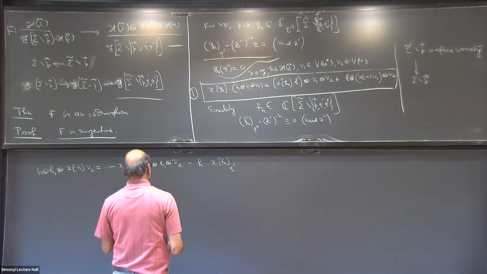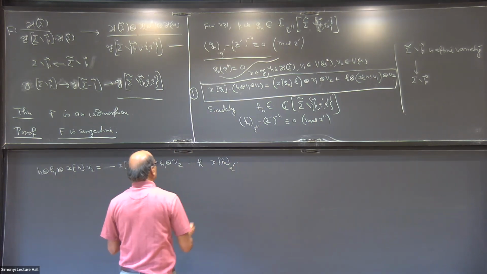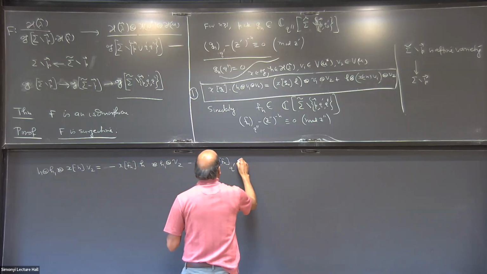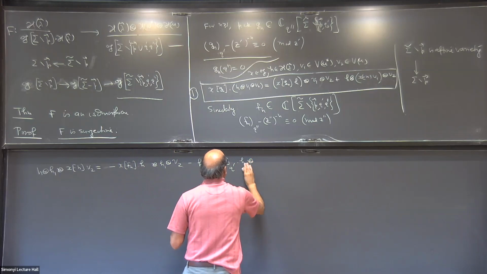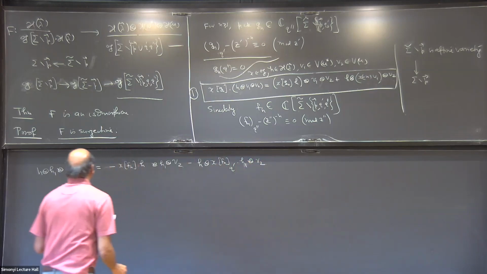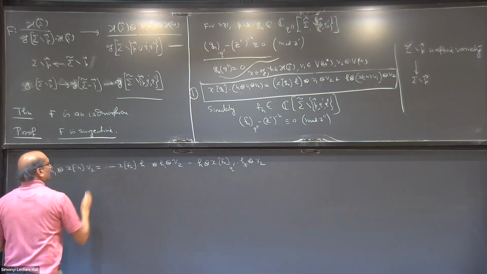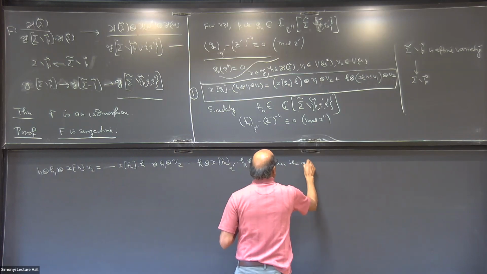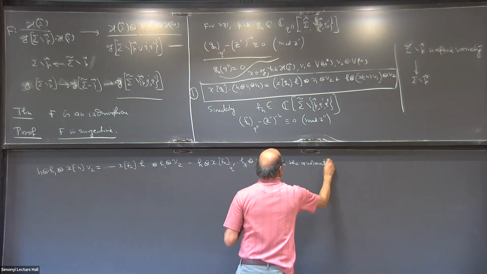X of Fn minus H tensor, sorry, X Fn on H1 tensor V2. So this is here in the quotient of RHS.